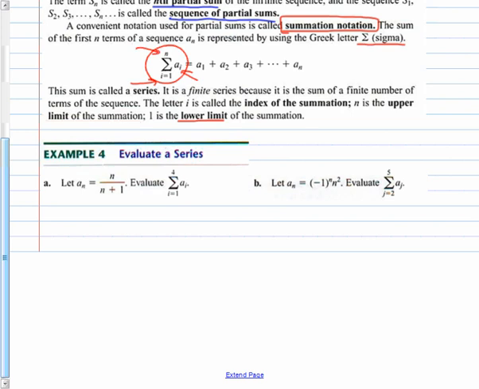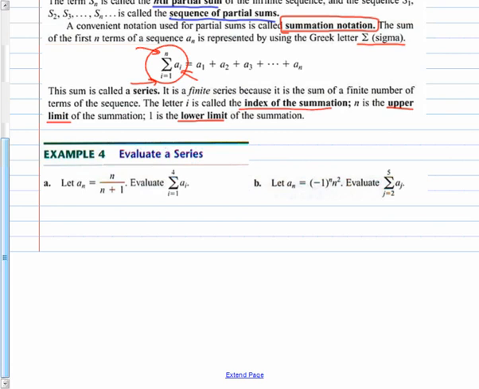That is the upper limit. That's where we stop. So we start where i equals 1, in this case, a sub 1, the first term. And we'll stop at whatever n is. They'll give us a number. Maybe it's 3 or 4 or 17, something like that. And the letter is called the index of summation.